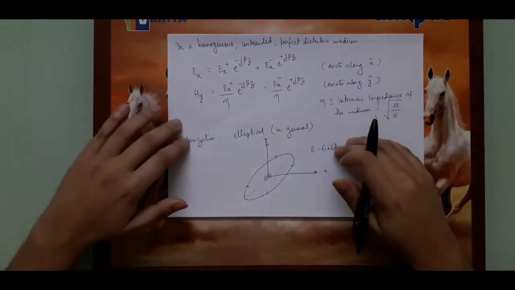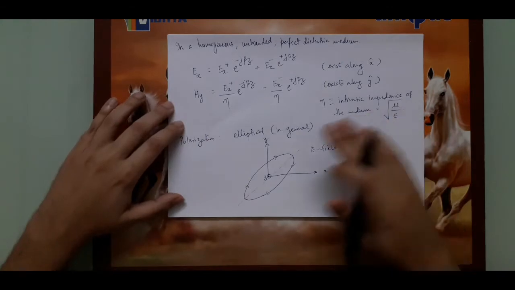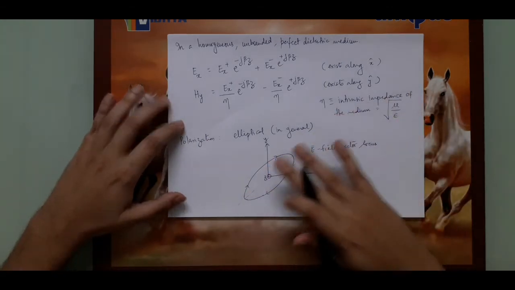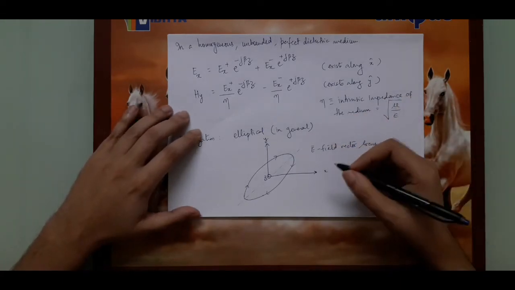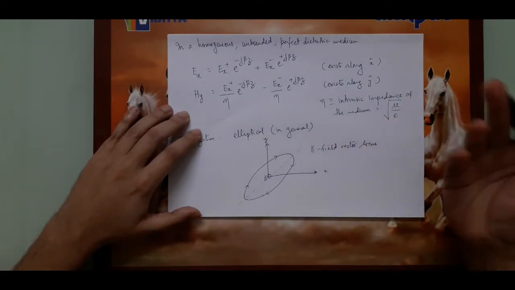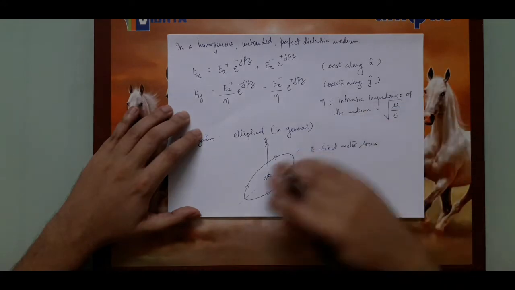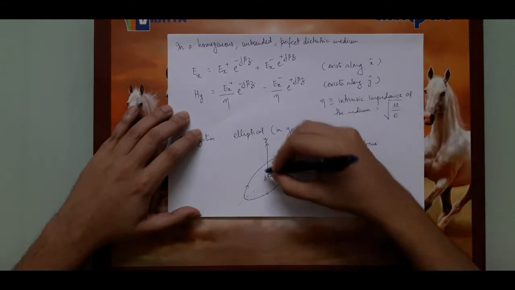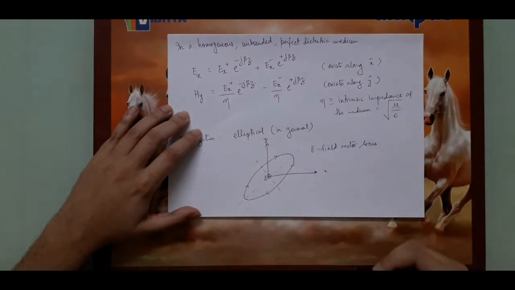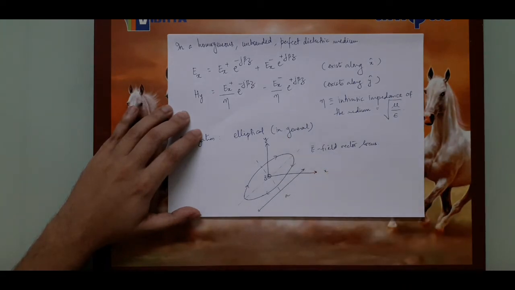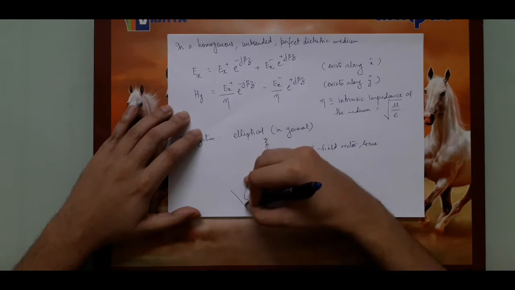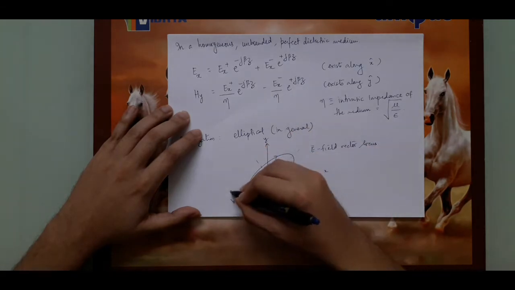So we can say that every wave in general is elliptically polarized. That ellipse could be a straight line, it could be a circle, that comes later. So in general, you can take a look at this ellipse, and just like how we define for conic sections, we can define the major axis as some A, and the minor axis we can define as B.